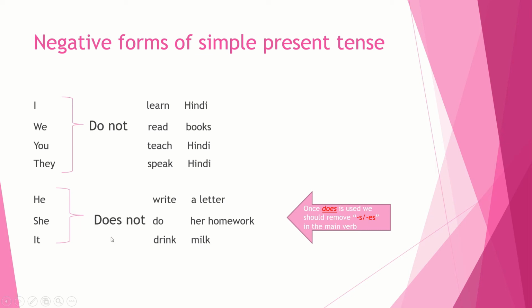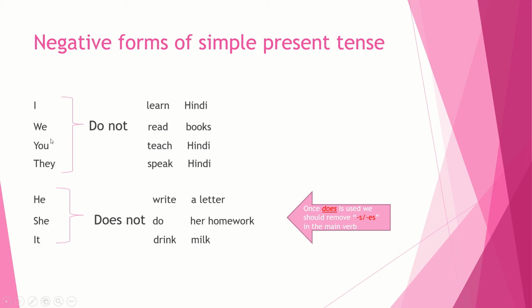Okay, ఇక్కడ even in these examples, there is does not, does. So as there is does in the sentence, we have removed s and es from the verb. Okay, that is the negative form of simple present tense.